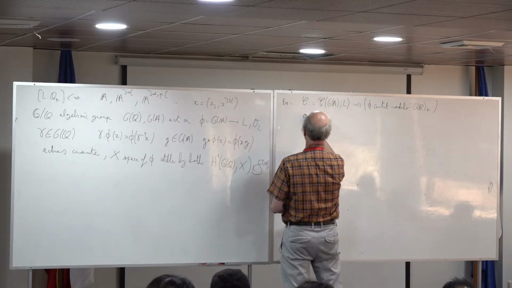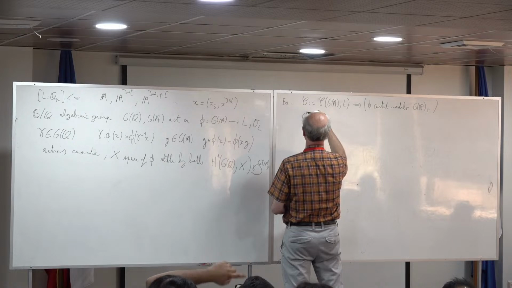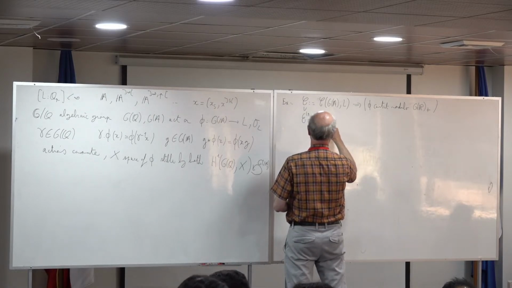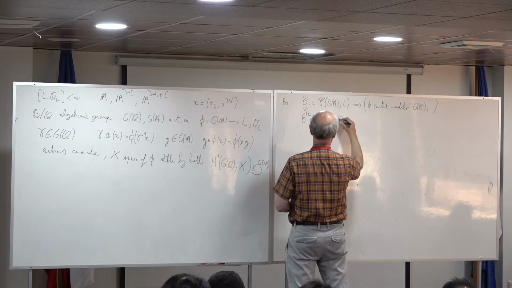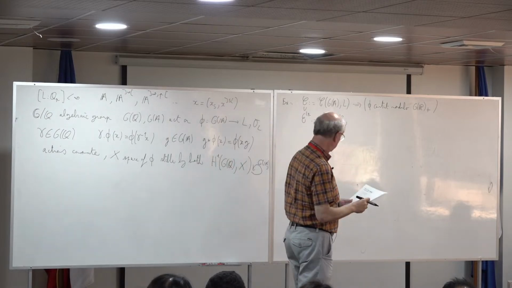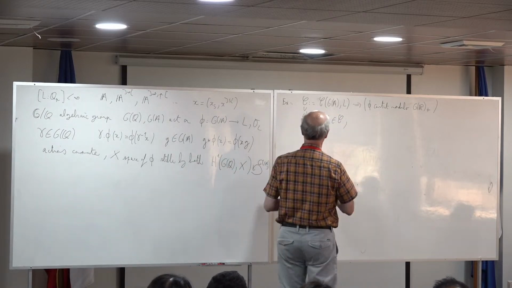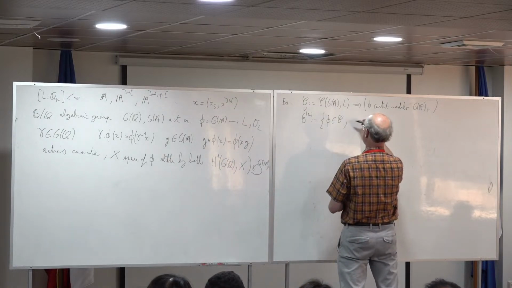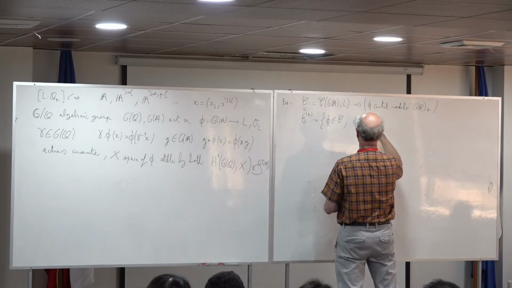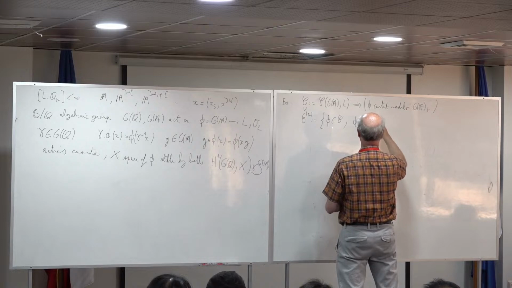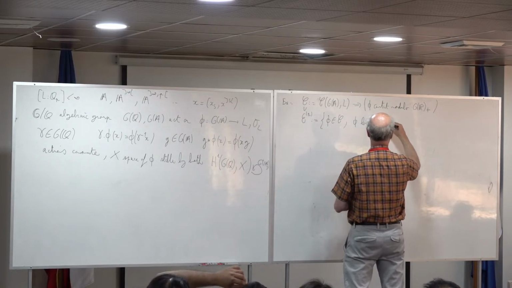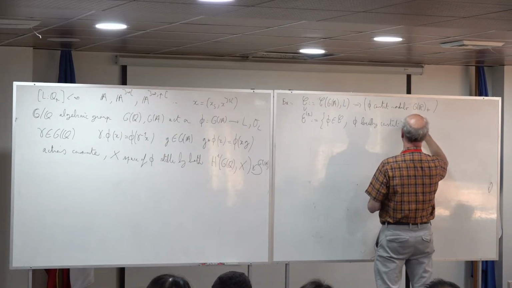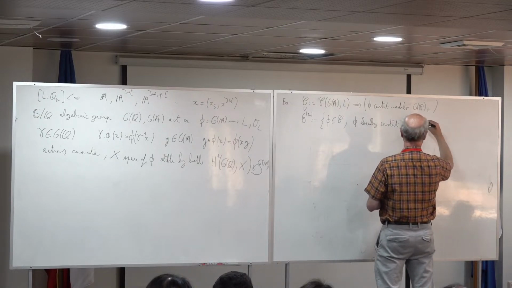Another thing you can do is take inside here the set of phi which are continuous, but you want the continuity to happen only at a place at p. So you want it to be locally constant outside of p: phi locally constant as a function of x outside p.